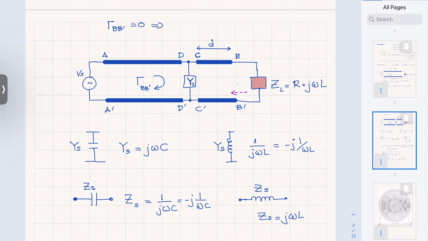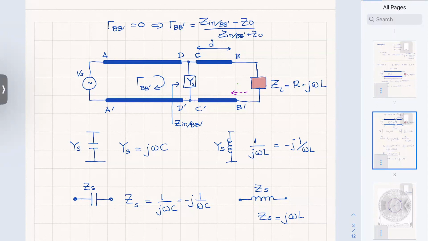But how much is gamma at BB prime? Whatever this load is here, or the inverse of that, an admittance, it has to be equal to Z0, because gamma at BB prime is nothing else but Z input at BB prime minus Z0 over Z input at BB prime plus Z0.